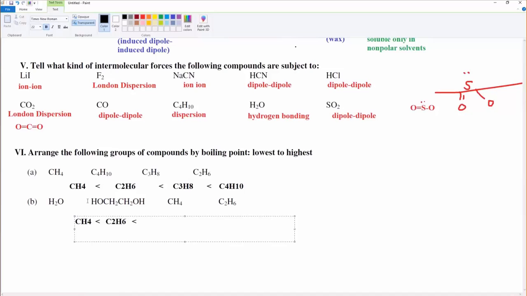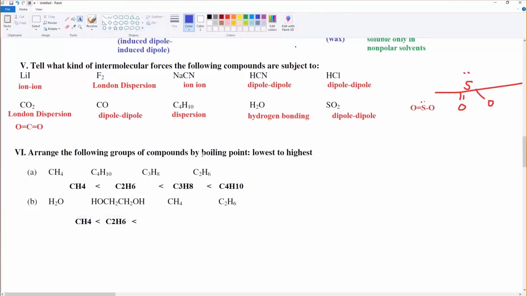Which of these two, the H2O or the HO-CH2-CH2-OH, is going to have the higher boiling point? Right, we like H2O because it has hydrogen bonding. That's great. But you also have to watch out because this one also has hydrogen bonding, right?